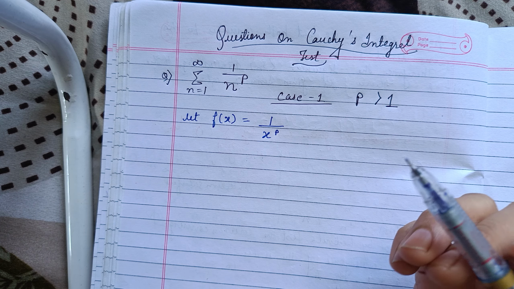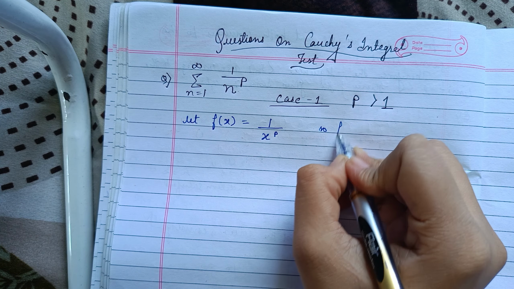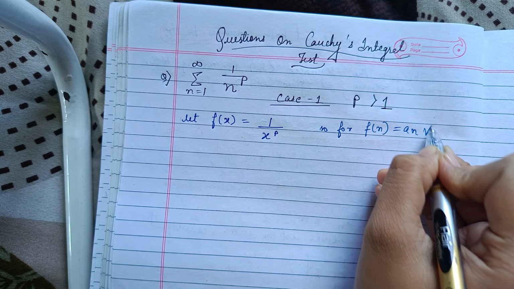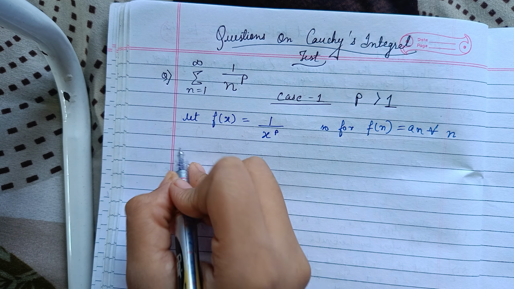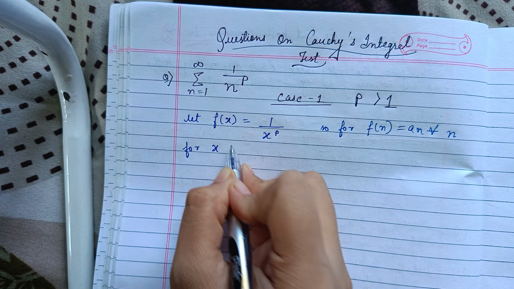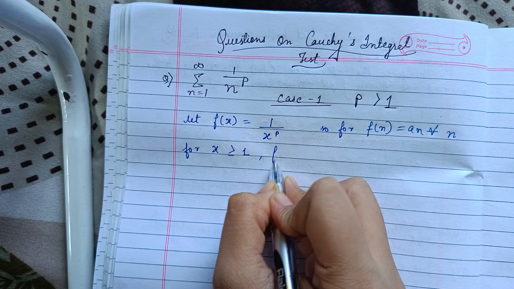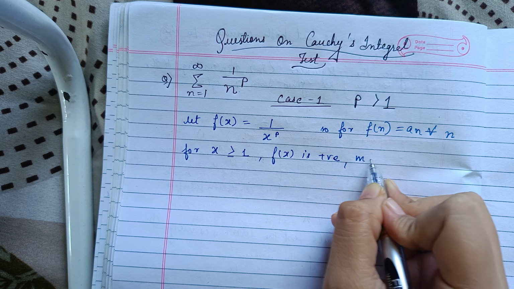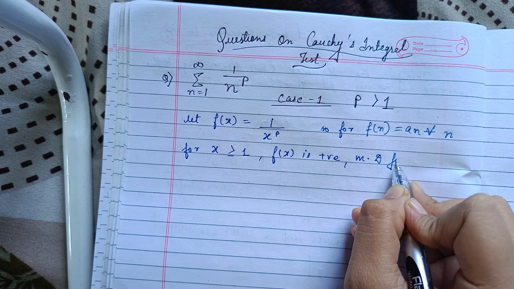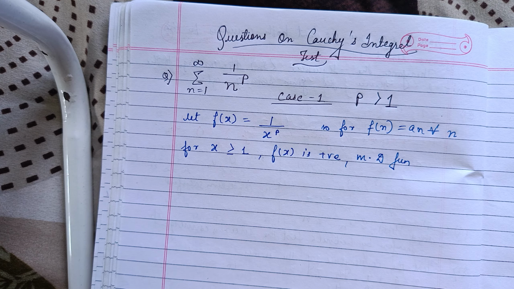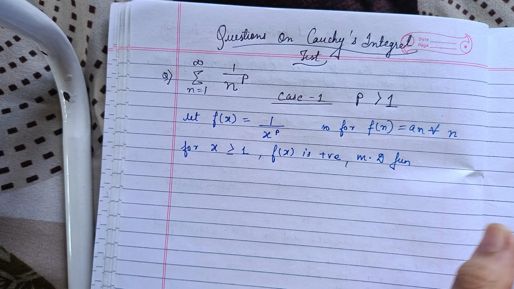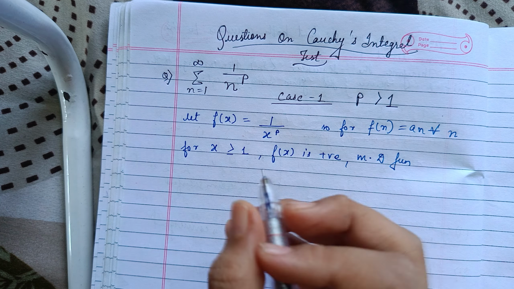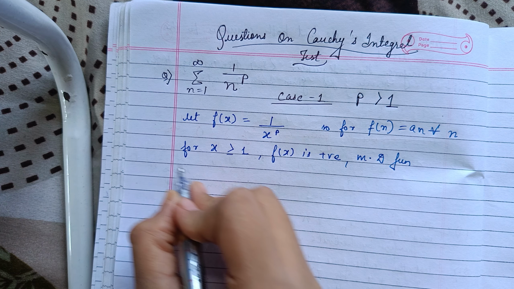So f(n) is equal to a_n for all n belonging to N. Now यहाँ for x greater than or equal to n, f(x) is positive first, monotonically decreasing function second, and also this is an integrable function. So this is applicable, so we can write that Cauchy's integral test is applicable.